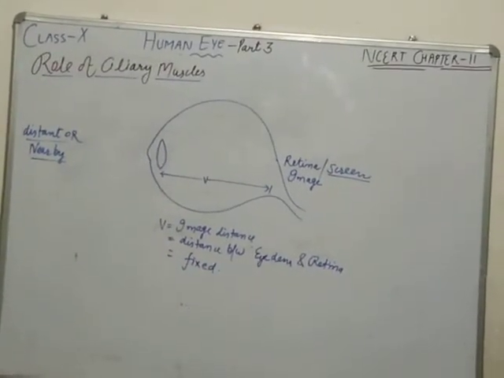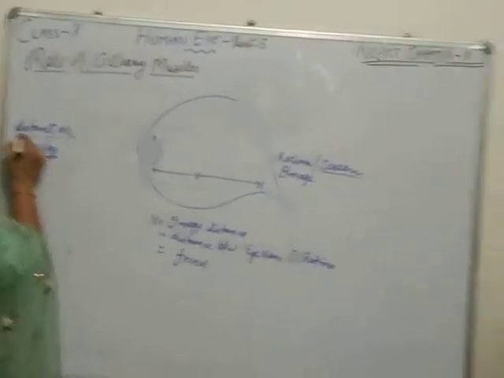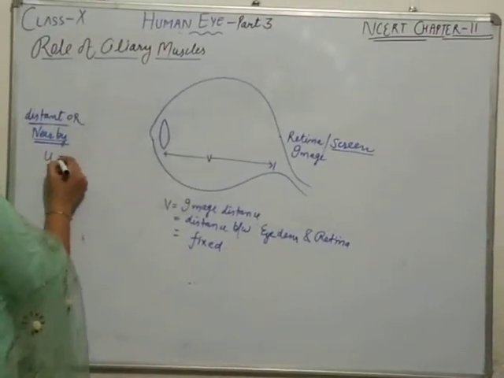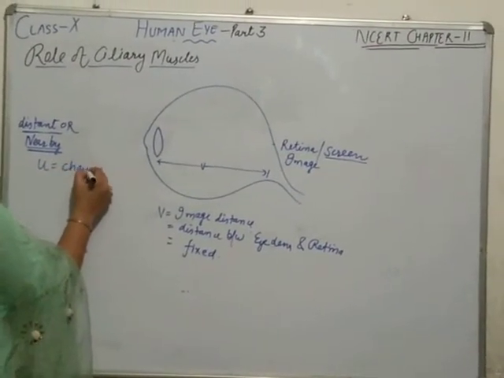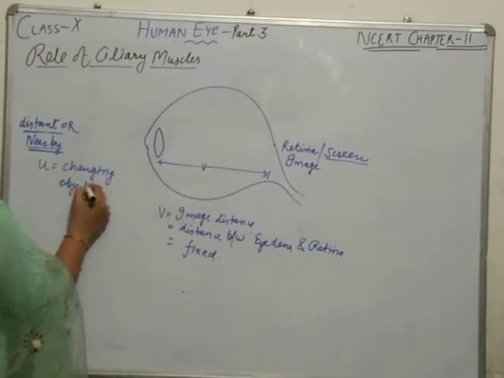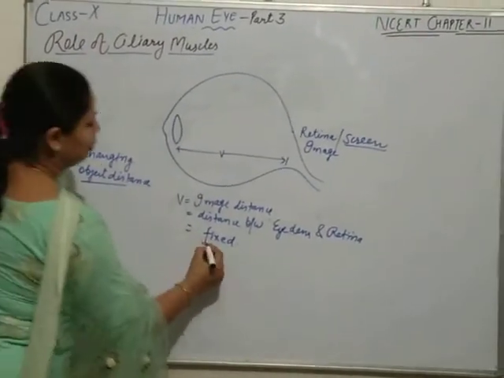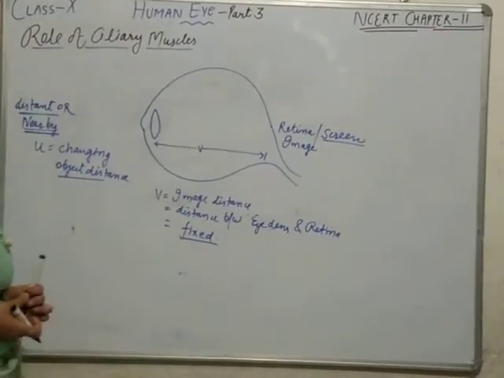As image distance always remains fixed, but the object may be nearby, may be distant, it means U is always changing. U means the object distance is always changing, but the image distance is always fixed.